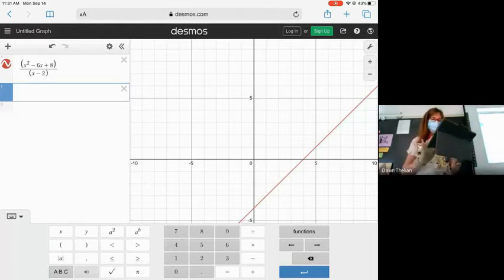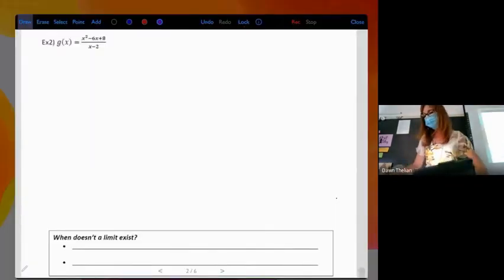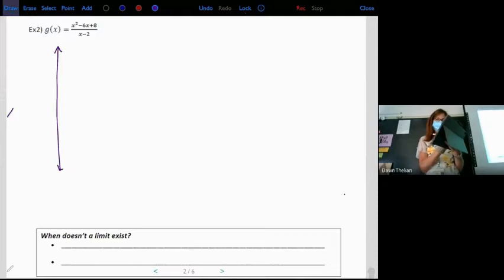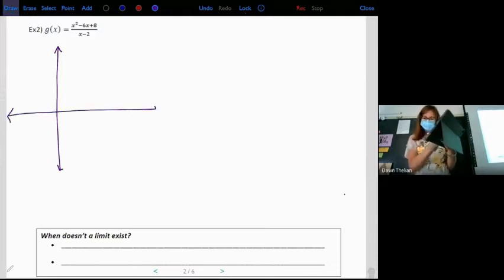So let me just go back to the notes. Let's draw a little sketch of what we saw. We would have to put a bullet hole at 2. So we had this y-intercept. I didn't draw attention to it, but it was actually down here at -4.